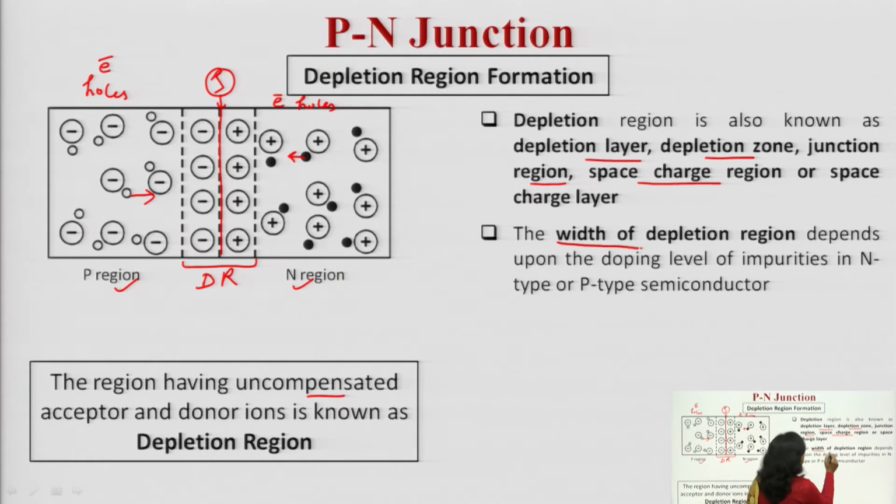And the width of the depletion region depends totally upon the doping of the semiconductors. Higher the doping, more number of charge carriers, meaning holes in p and electrons in n-type semiconductor. So, higher the doping, lower the depletion width. This is how you can explain the depletion region formation.